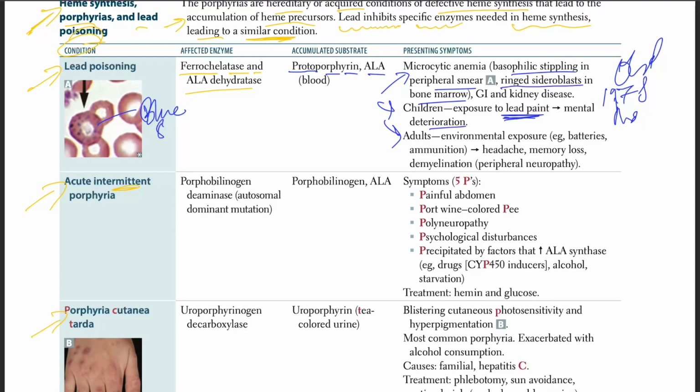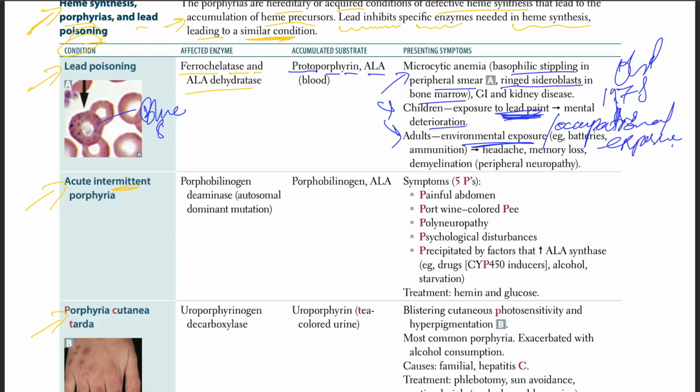In adults you have environmental exposure, for example from batteries and ammunition, leading to headache, memory loss, demyelination, peripheral neuropathy. So basically adults get it from environmental exposure, or second, occupational exposure. And the child gets it from chipping lead, eating the chipped paint, which leads to lead poisoning.